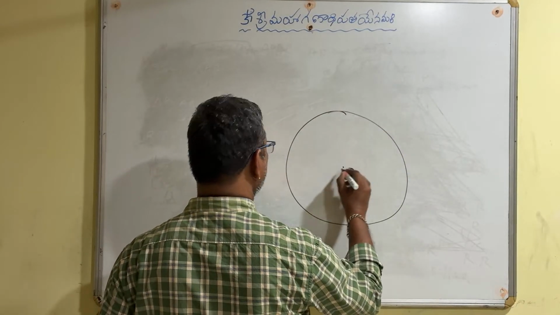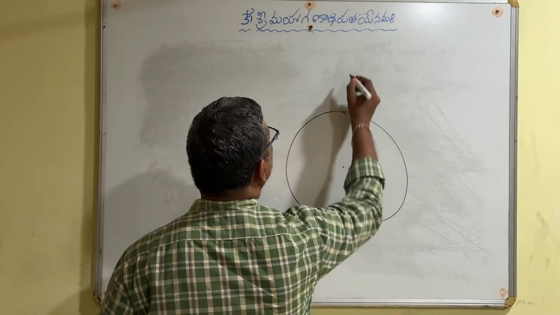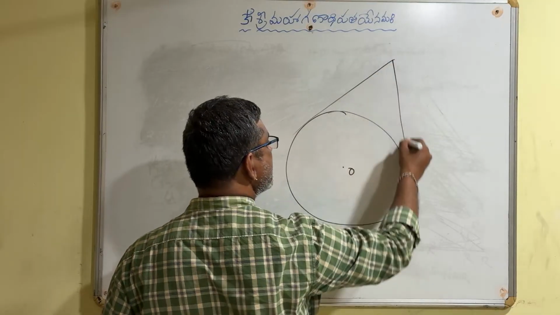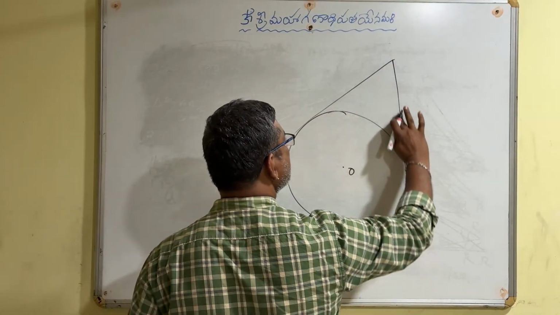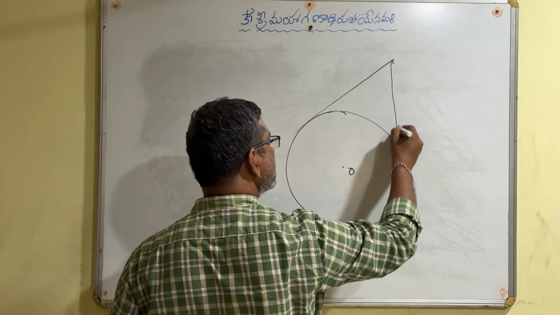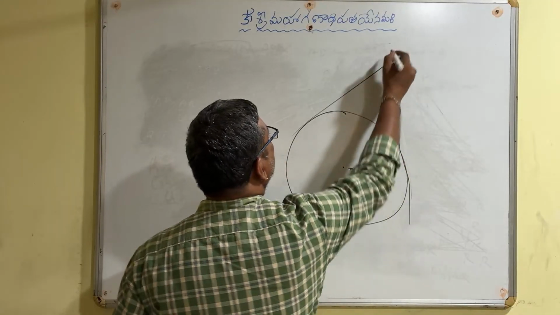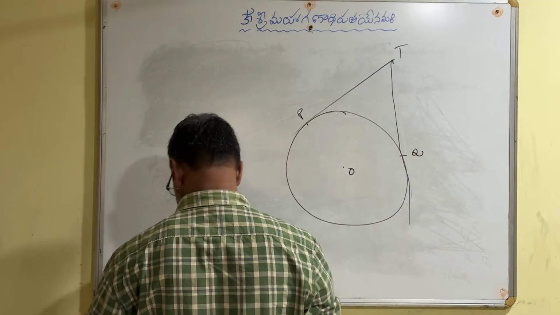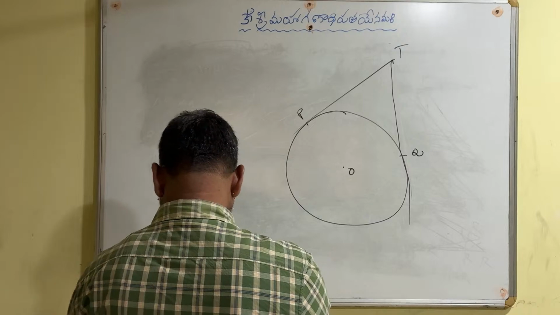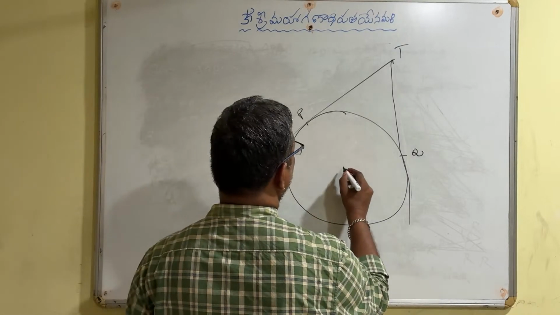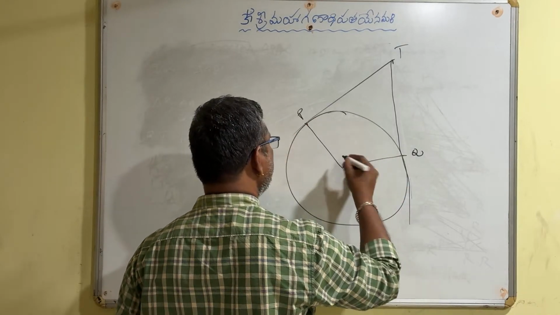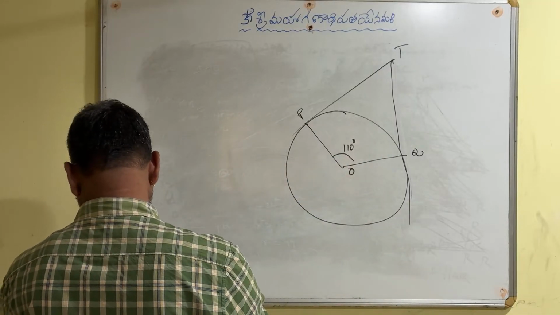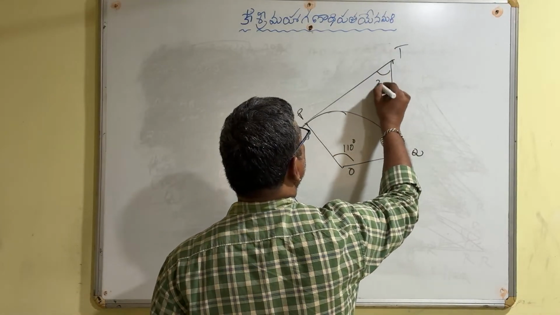A circle with center O, TP and TQ are tangents, and this angle is given as 110 degrees. We need to find out this angle.